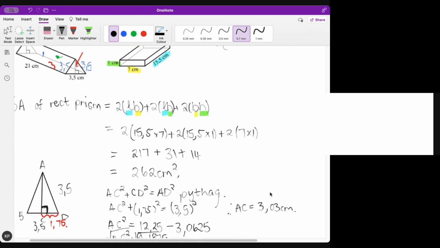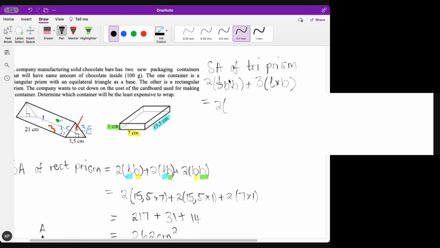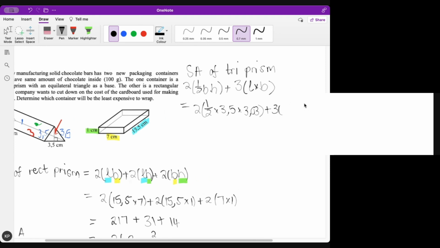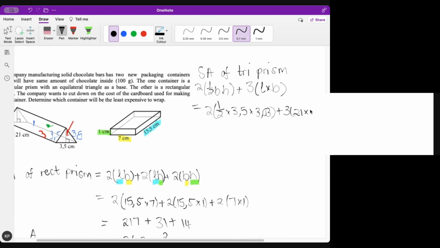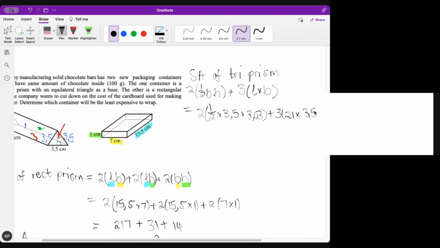Okay, now we have our height. So then it's a half of the base times the height, plus 3 times my length, which will be the 21, times the breadth, which will be 3,5. Okay, let's get working.